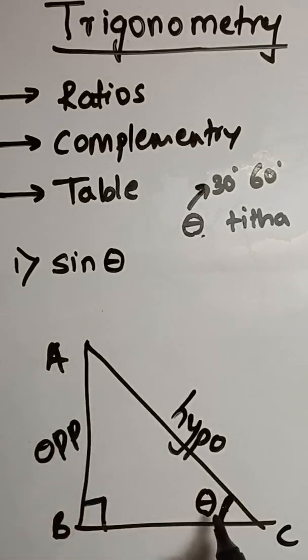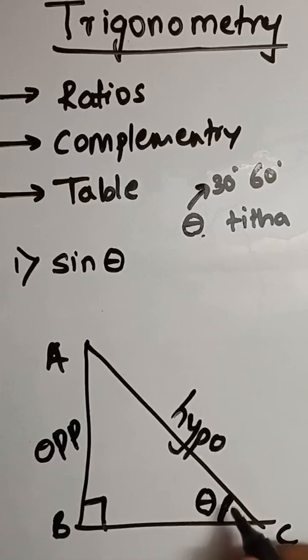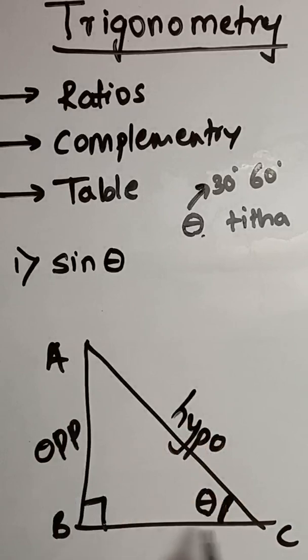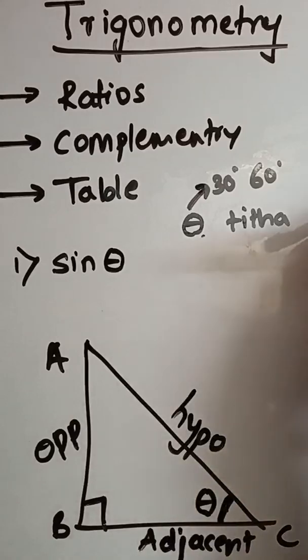And the side which is near, adjacent, this side other than the hypotenuse and opposite, this side which is just beside theta, is called the adjacent side. Adjacent side, if I write the full name, it is adjacent side. In short, we write ADJ.